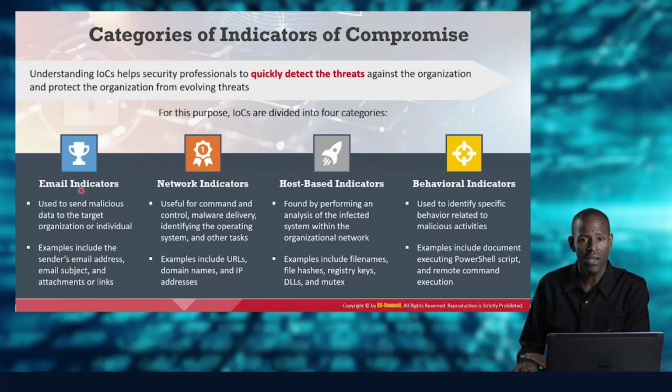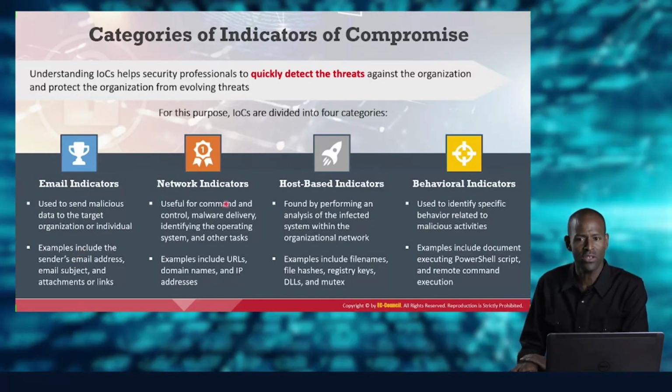I could take the email indicator that I find and say, all right, this is an indicator of an attack, and it's coming from this domain, this IP address. I can take that IOC, feed that information into my security apparatus, and block it. See how an IOC can be useful.